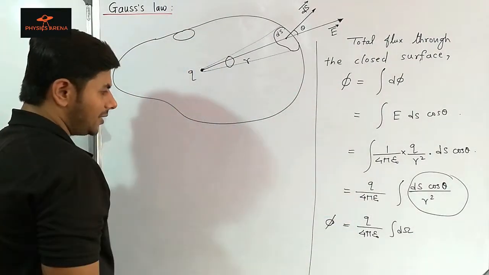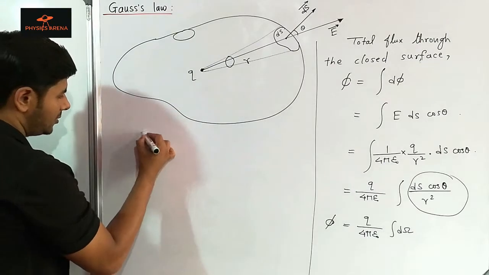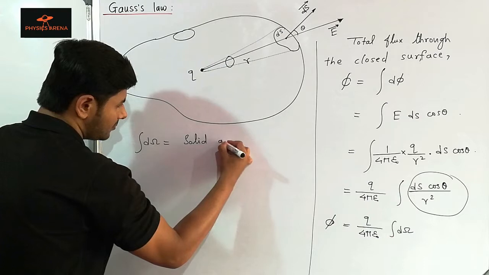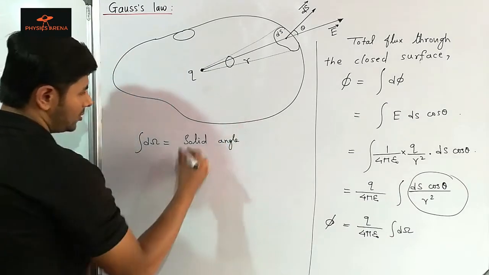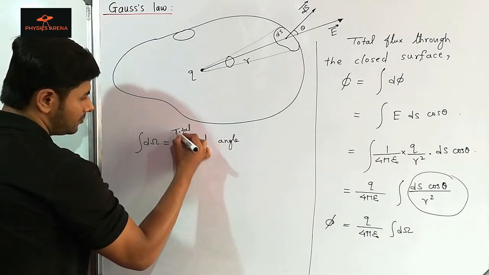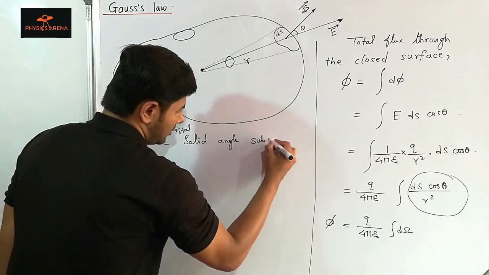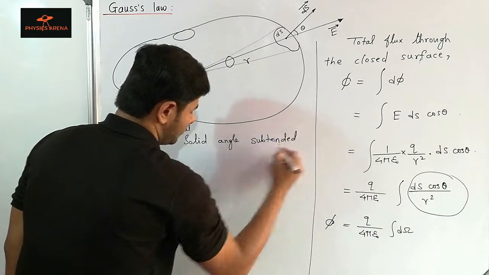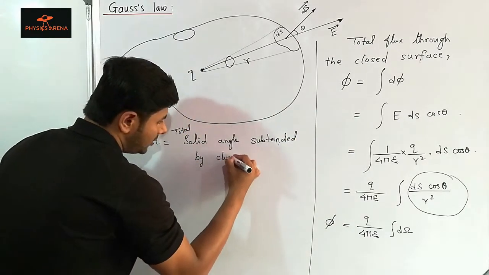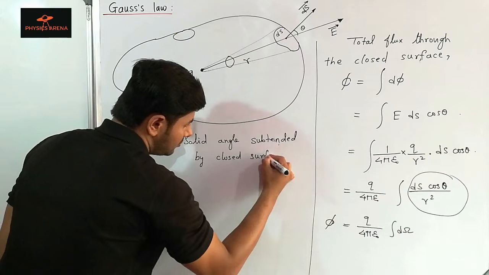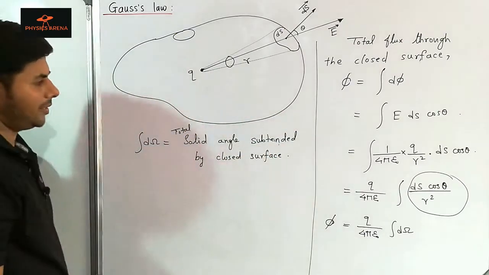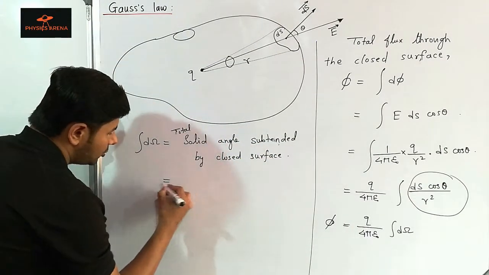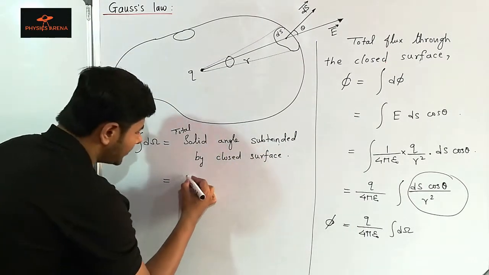So that integral is the total solid angle subtended by the closed surface, and we have just found that the solid angle should be equal to 4 pi.